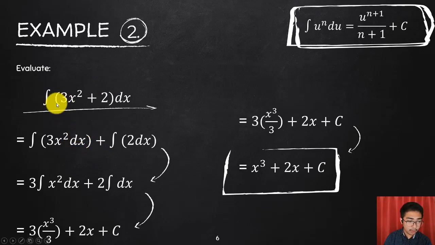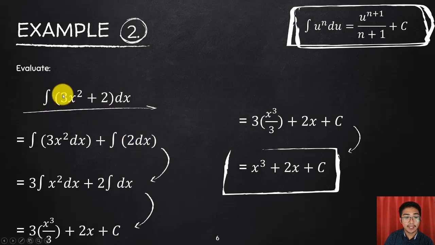So this term, quantity 3x squared plus 2, can be broken down into 2 separate integration problems, which are the integral of 3x squared dx, plus the integral of 2 dx.